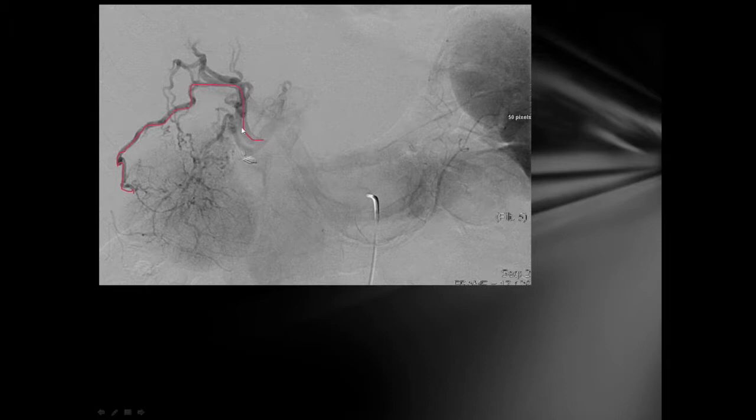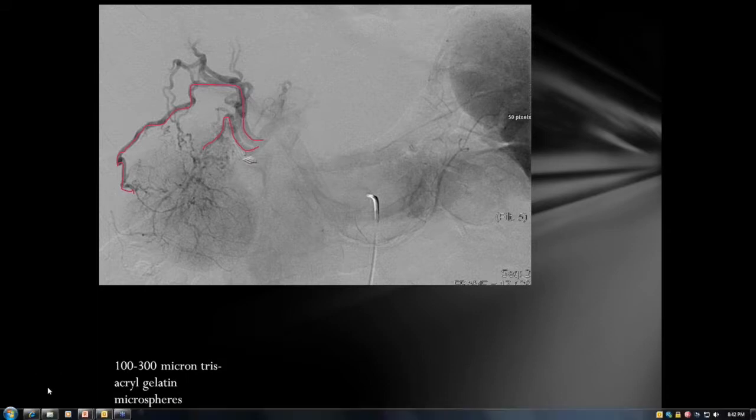So both the right anterior inferior hepatic artery branch and the left inframedial branch were catheterized with a microcatheter. Embolization was performed again with particles. In this case, 100 to 300 micron Embosphere particles were utilized.